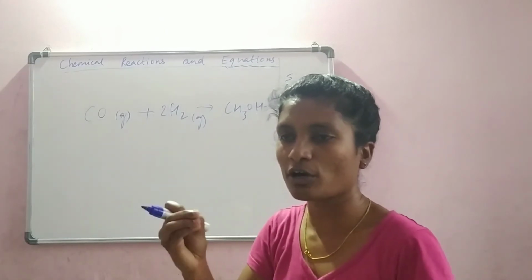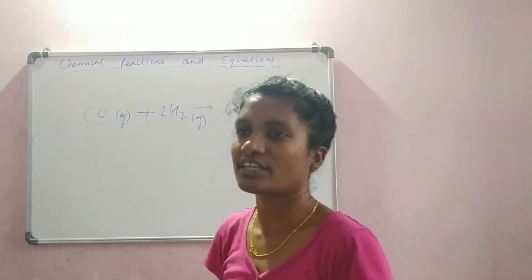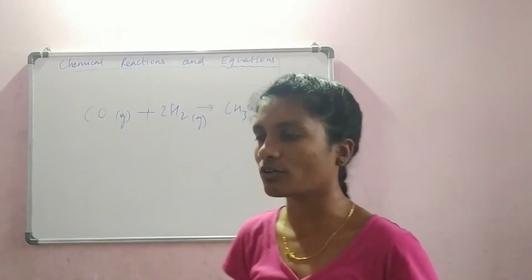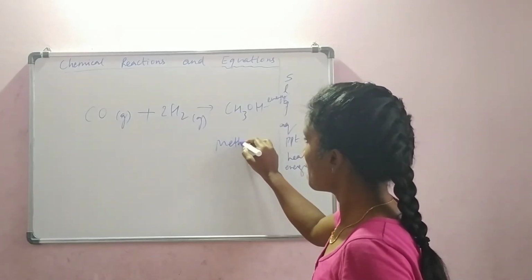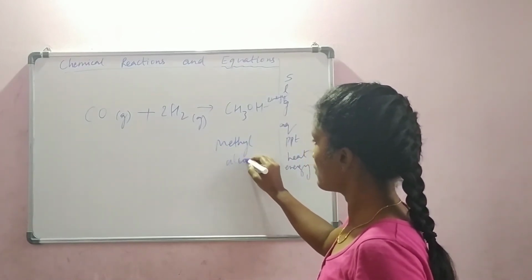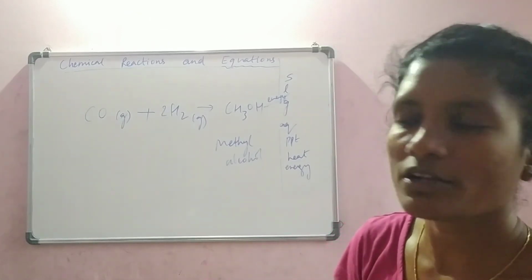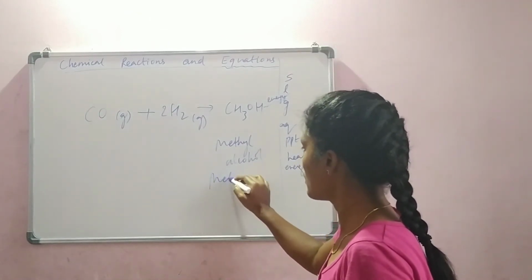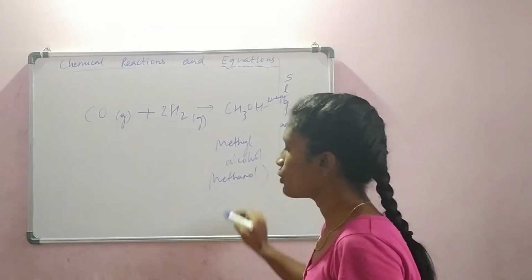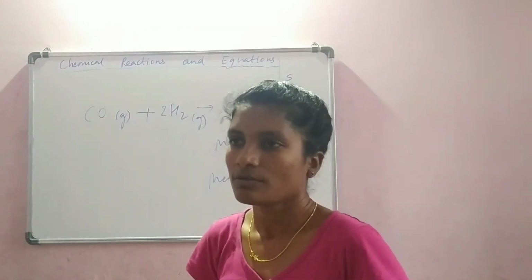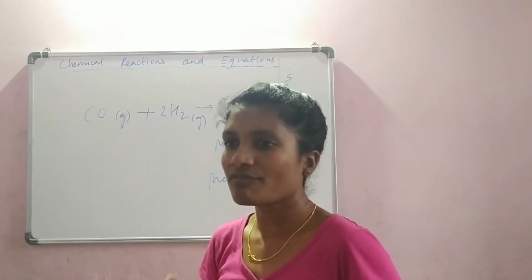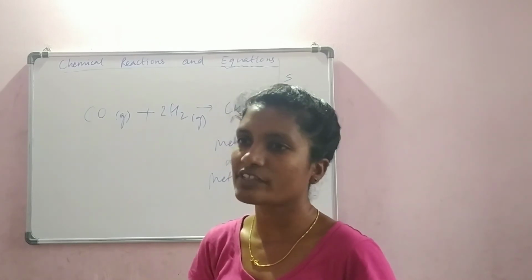Whenever you come across a new formula, you need to ask your teachers or go to Google and check it out. This is called methyl alcohol, or simply methanol. It is a kind of alcohol.